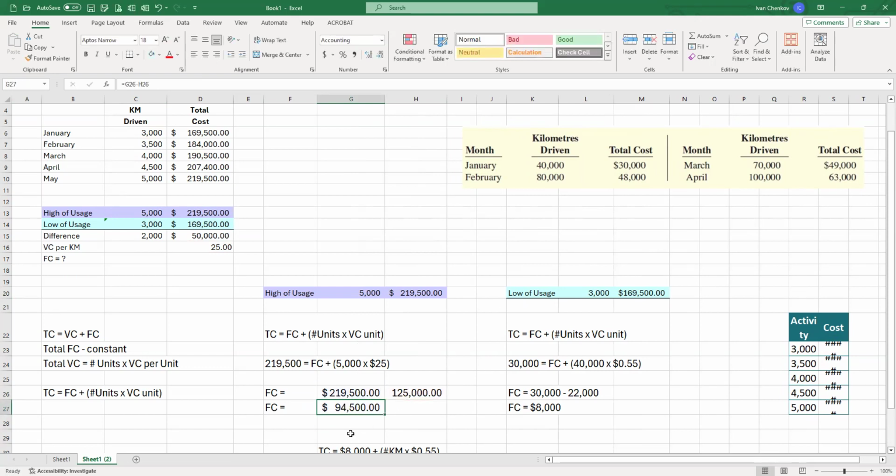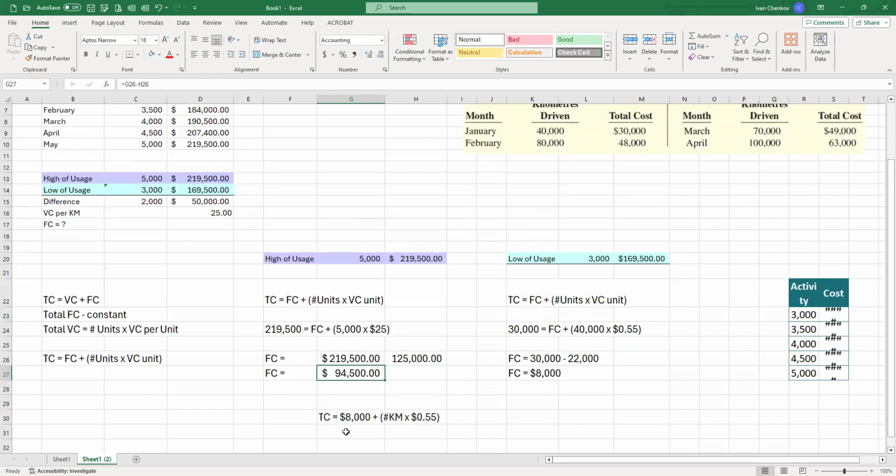So the management asks us what's going to happen if we use this machine for 4,250 units.